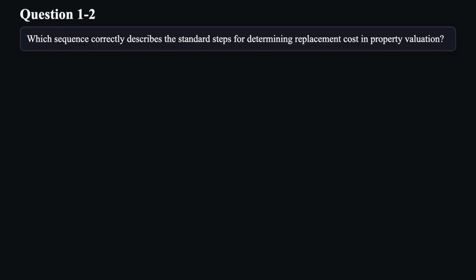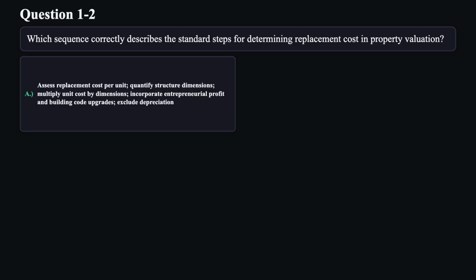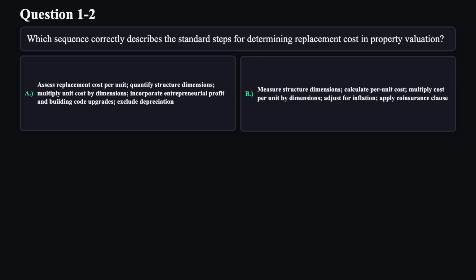Question 2. Which sequence correctly describes the standard steps for determining replacement cost in property valuation? A. Assess replacement cost per unit. Quantify structure dimensions. Multiply unit cost by dimensions. Incorporate entrepreneurial profit and building code upgrades. Exclude depreciation. B. Measure structure dimensions.